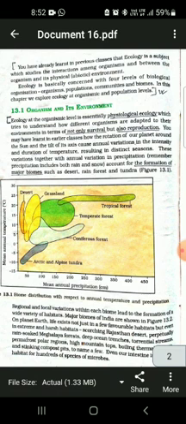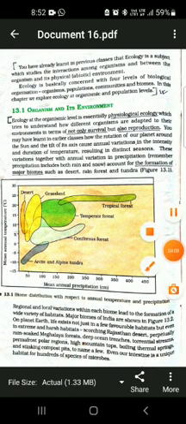Ecology at the organismic level is essentially physiological ecology. That is, if we talk of an organism from the perspective of ecology, we have to see the organism and its environment.